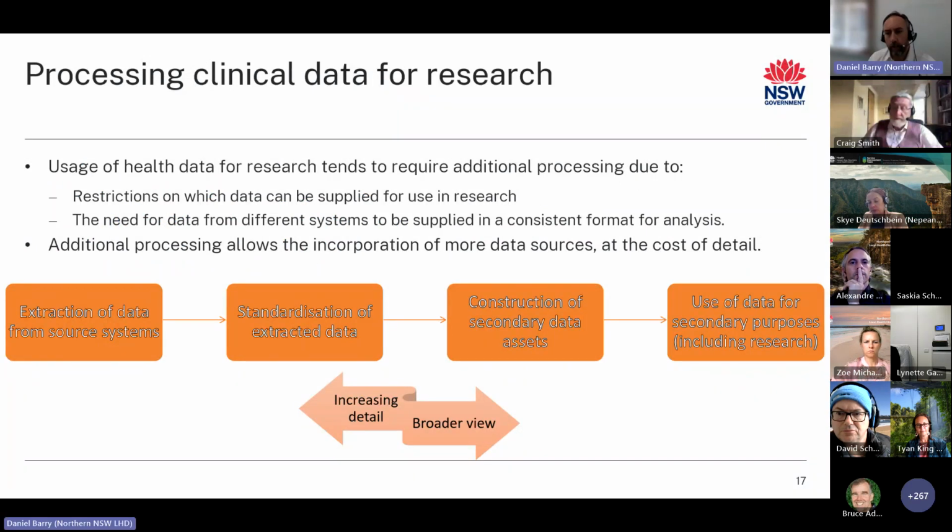So data from the source systems is frequently supplied to support secondary reporting for purposes such as clinical quality, safety, activity reporting, forecasting, performance monitoring, etc. This occurs at multiple organisational levels: facility level, district level, state, and national levels. In order to do this, data needs to be standardised, and the extent to which it needs to be standardised increases as you make the organisational level broader.